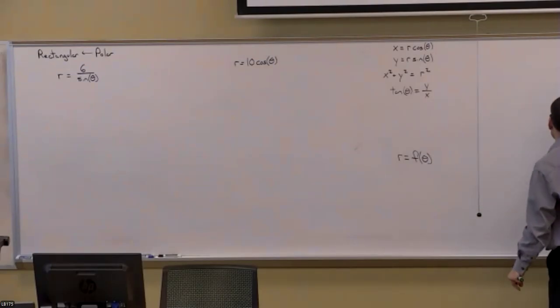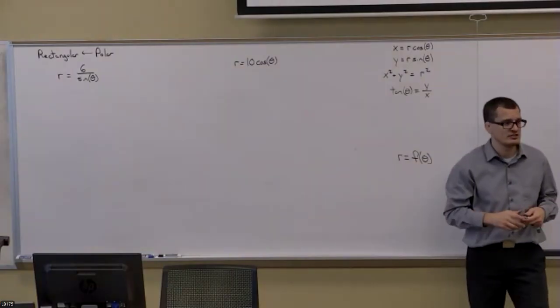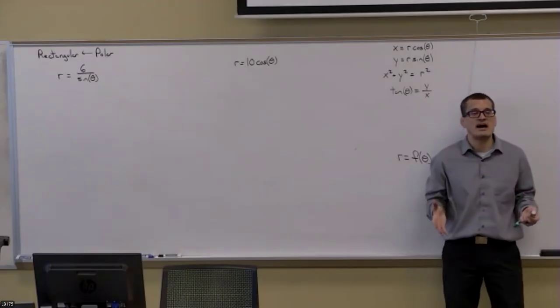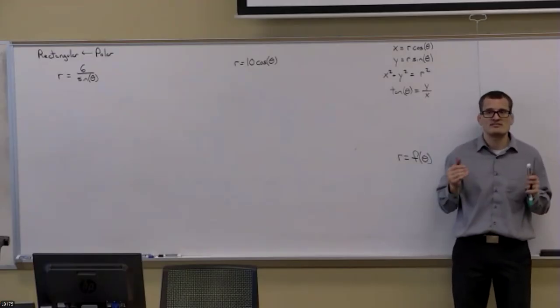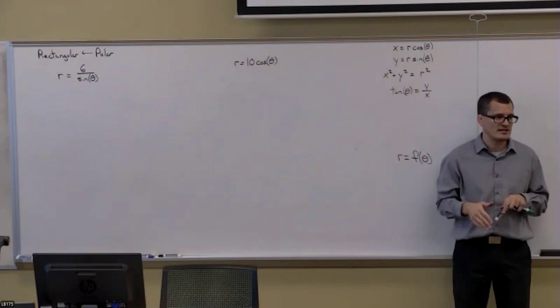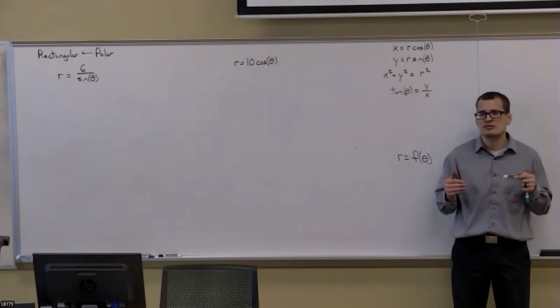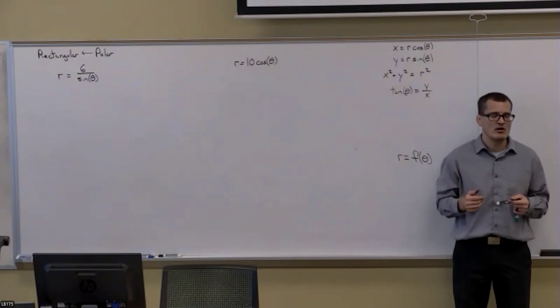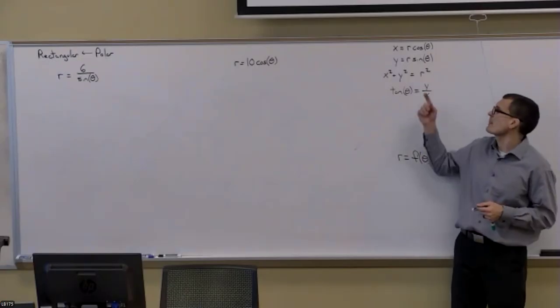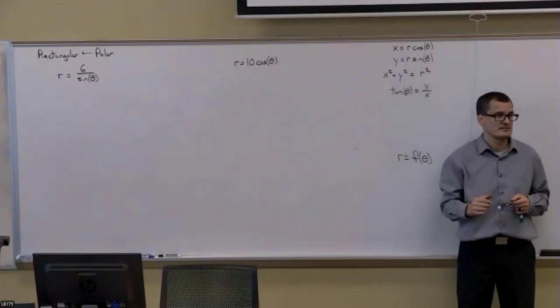When we had rectangular equations, when in doubt, I could have always replaced the x with r cosine of theta, and I could have always replaced every y I saw with r sine theta.